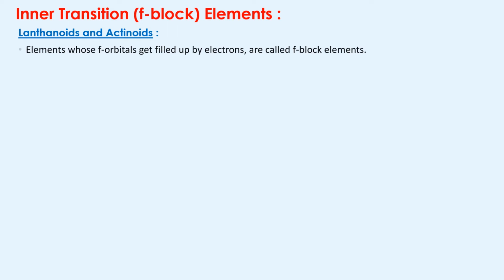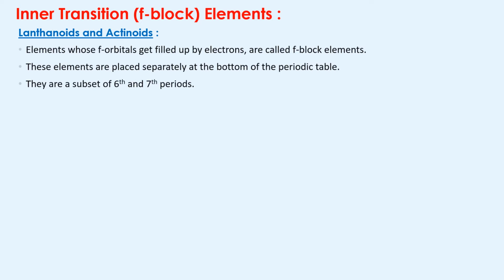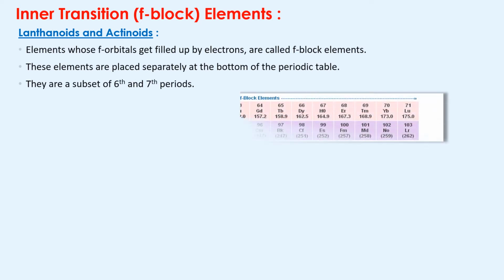The last electron enters into the f orbital, so they are called f block elements. Now these elements are placed separately at the bottom of your periodic table. If you see the periodic table, there are 2 rows below and that is nothing but your lanthanide and actinide, and they are a subset of the 6th and 7th period.